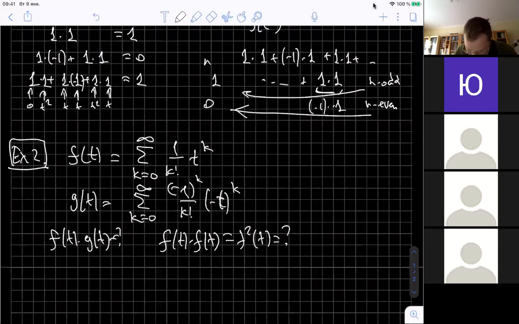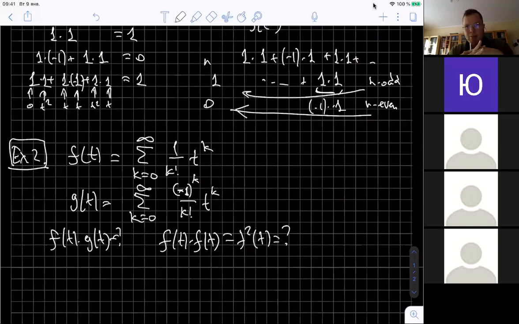This formal power series is similar to the one I wrote, but it will be easier to calculate. So suppose we have just t to the k over k factorial, from k equals 0 to infinity. And the second one will be minus t to the k-th power over k factorial, from 0 to infinity. We want to find the product of these two formal power series and the square of the first one.